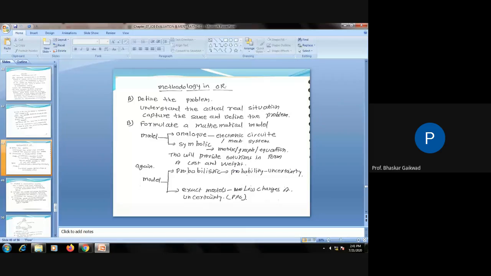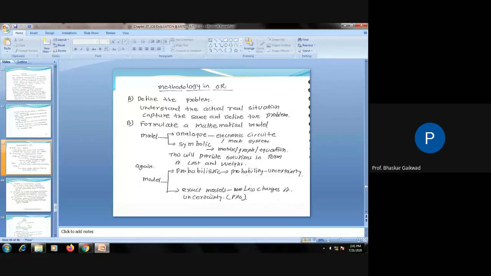So the first model is the analogical model. Analogical models contain electrical or electronic circuits. The second is symbolic, where the mathematics part is there: matrix, graph or equation, and this is related to our cost and weight.